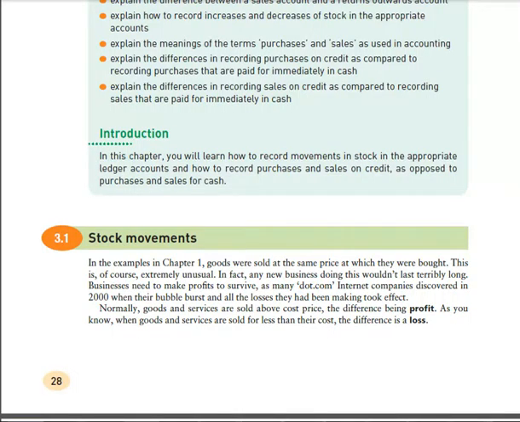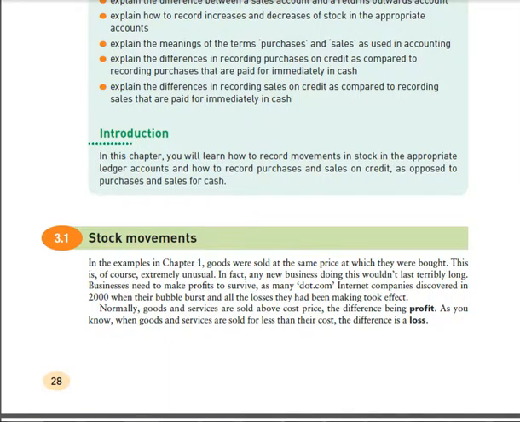The issue with this is that stock is bought at a lower price and sold at a higher price to make a profit. Because the purchase would be at a lower price and the sale at a higher price, this would not give a true indication of the total amount of stock left.